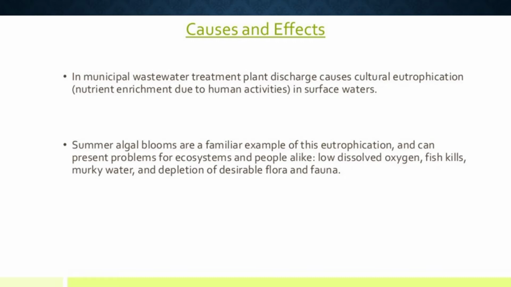Summer algal blooms are a familiar example of this eutrophication and can present problems for ecosystem and people alike: low dissolved oxygen, fish kills, murky water, and depletion of desirable flora and fauna.